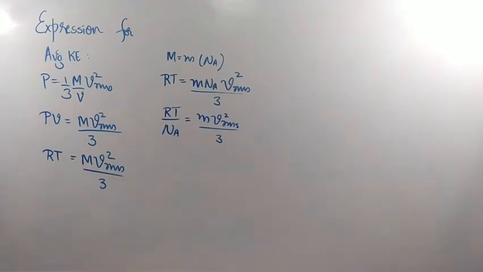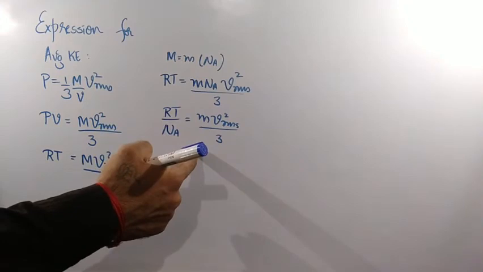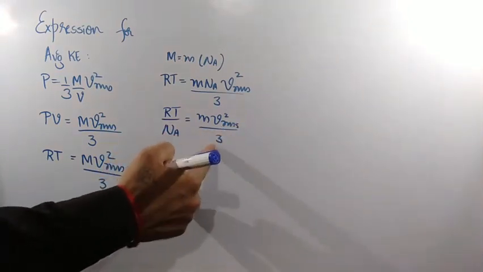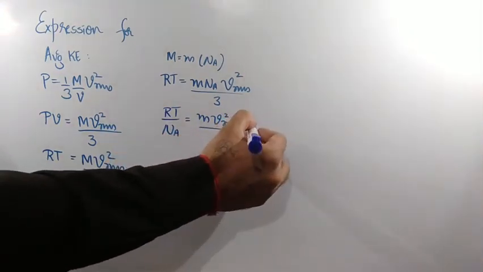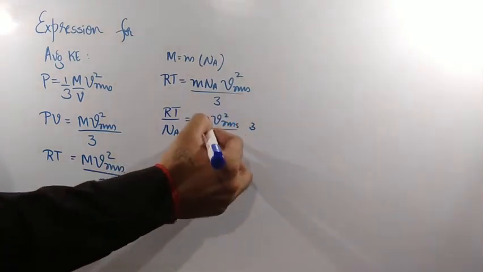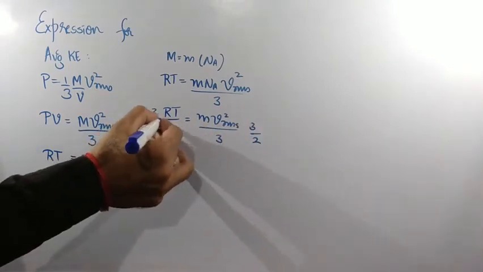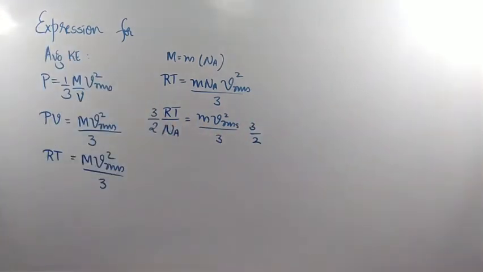But what we want here is half m v square. That means we don't want this 3; we want 1 by 2 m V RMS square, so 3 by 2. I am multiplying both sides by 3 by 2. Clear?